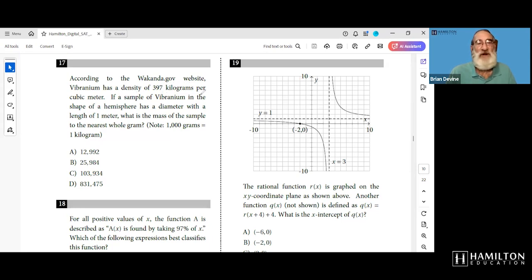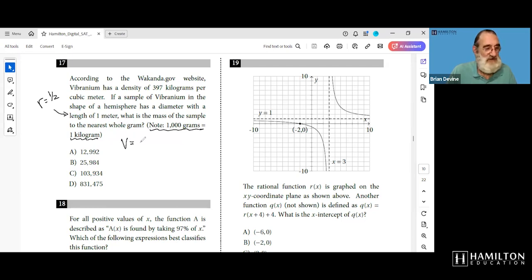If a sample of vibranium in the shape of a hemisphere has a diameter with a length of 1 meter, so they just told us that the radius of that is 1/2. What is the mass of the sample to the nearest whole gram? And we note that 1 kilogram is going to be 1,000 grams.